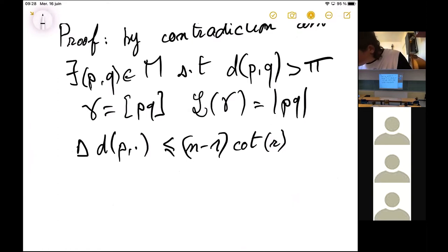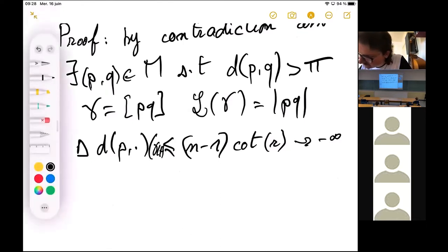And this goes to minus infinity. Let me explain. I'm evaluating that at gamma of t. So this Laplacian of the distance function, you can look at it at gamma of t.